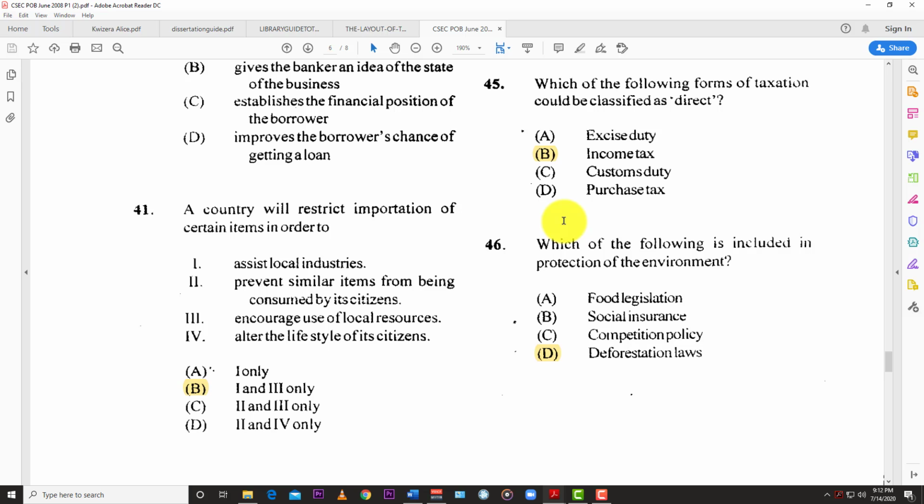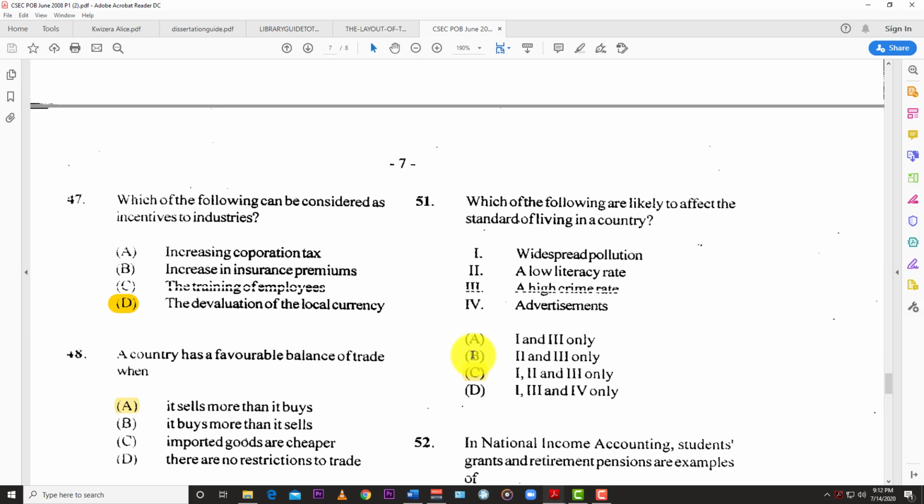Number 46. Which of the following is included in protection of the environment? And so the answer here is D, deforestation laws. Deforestation laws would be laws that prevent you from cutting down the forest. So that would help to protect the environment. 47, which of the following can be considered an incentive to industries? And so, an incentive is something that is used to encourage certain behaviors, normally good behaviors.